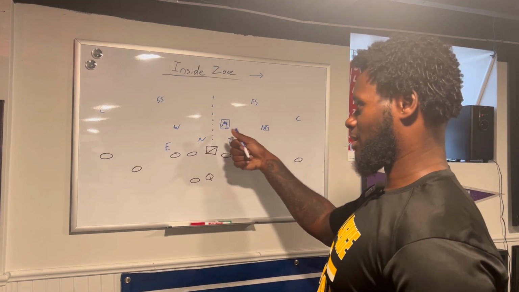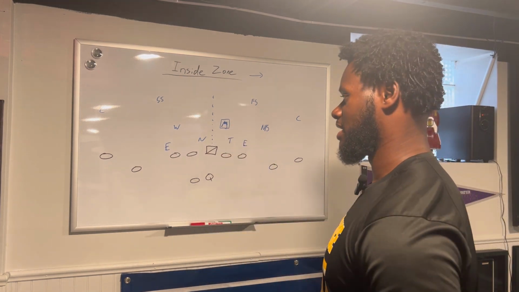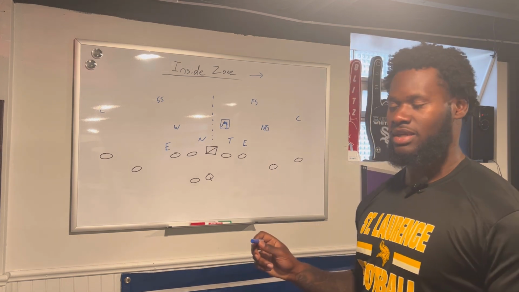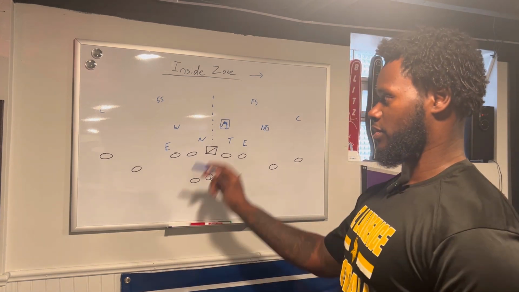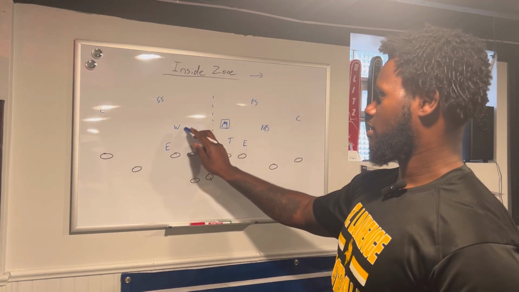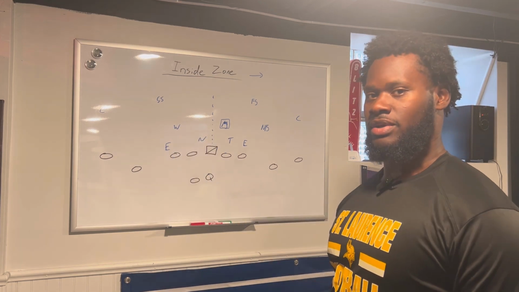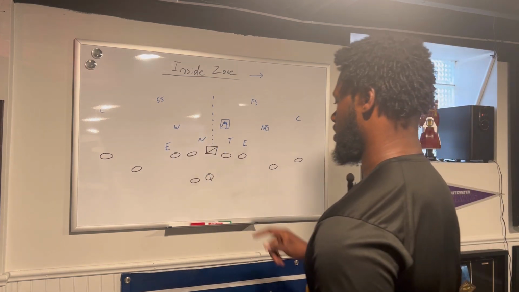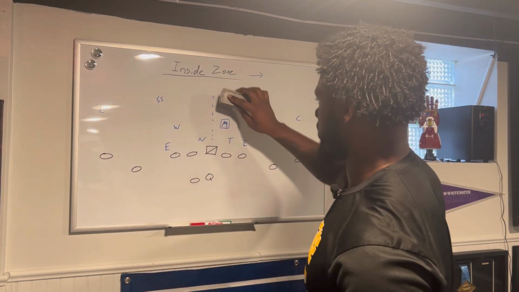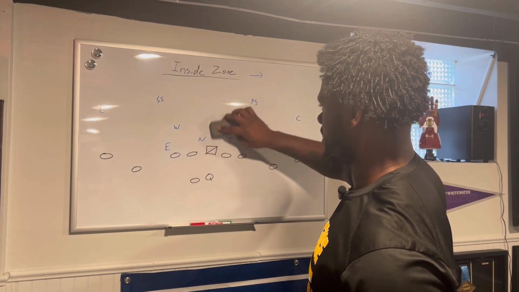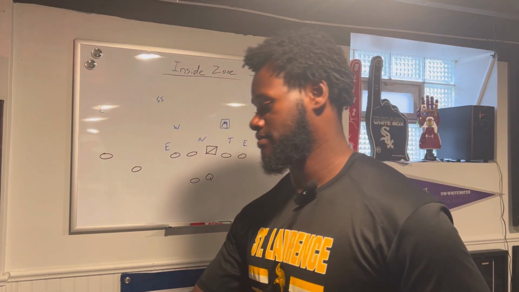Now, just because he's the Mike linebacker of the defense doesn't necessarily mean he's going to be the Mike to the formation. For example, if we were going inside zone to the left, this Will linebacker would be the Mike. So it's just the easy way to have a quick identification prior to the play even starting.